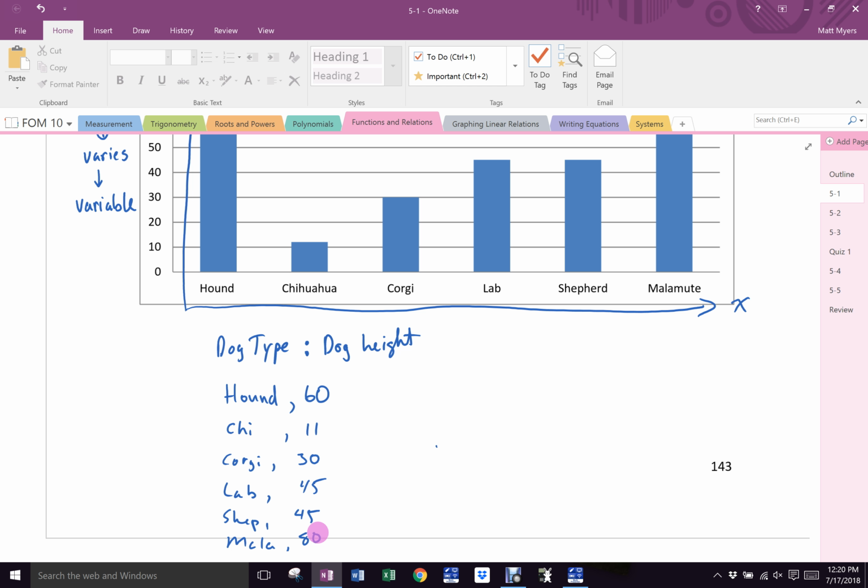The relationship is each element in the one set relates to a height, an element in the other set. Is everybody good with the basics? Okay, this is a relation. Anytime you have some info and you pair it with some other info, you are making a relation. Good? All right, turn the page over.